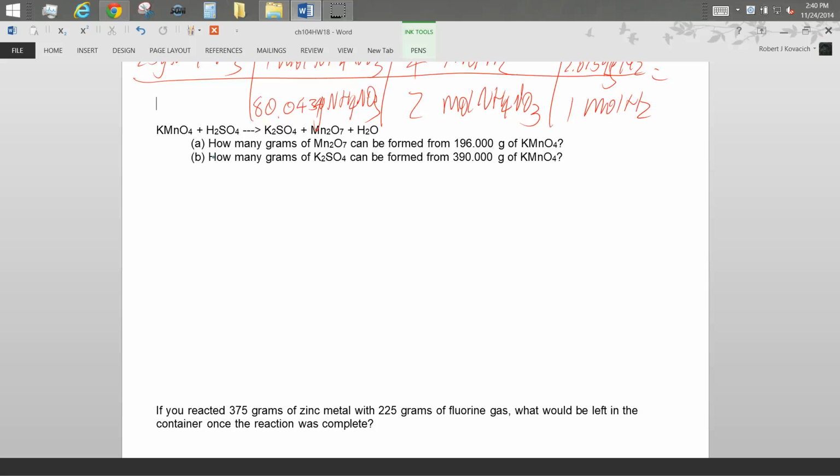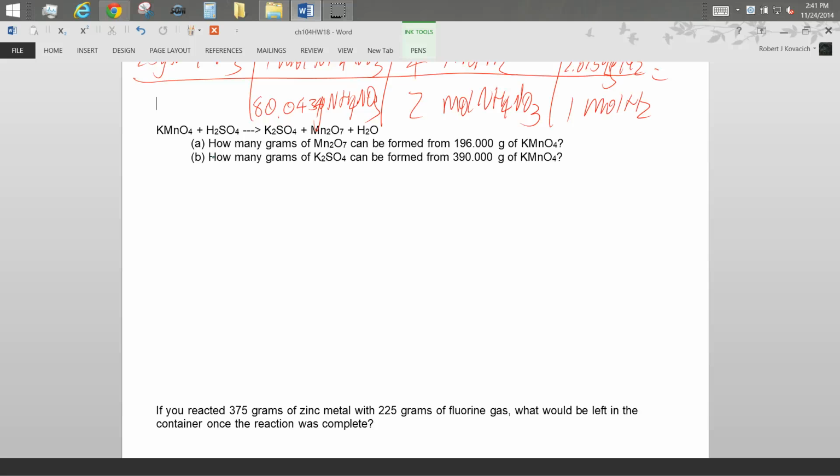That's potassium permanganate. So if we start off with 196 grams of potassium permanganate, how much of the manganese 7 oxide can you make? What is this question assuming? You have an unlimited amount of sulfuric acid. Good job. So this is saying I've got 196 grams of the potassium permanganate, and it's all going to be used up because I have plenty of sulfuric acid.